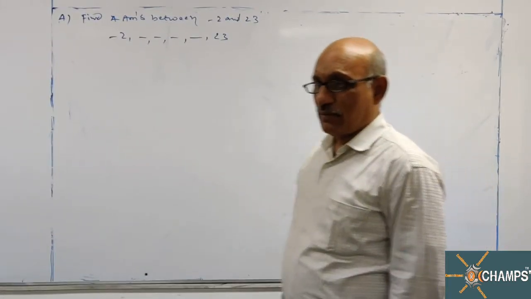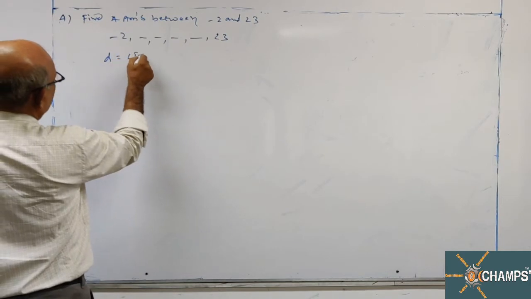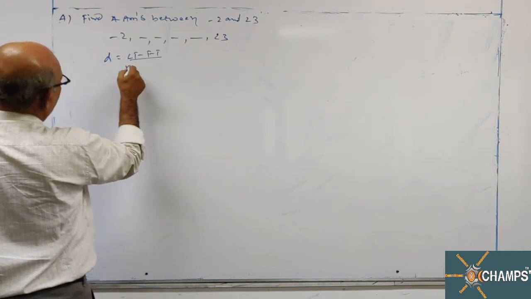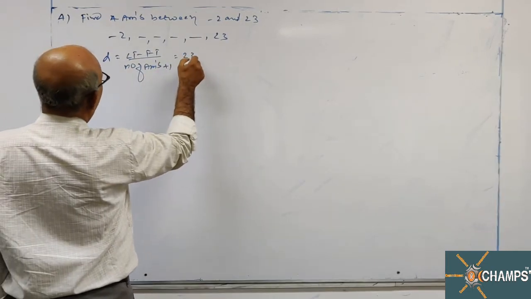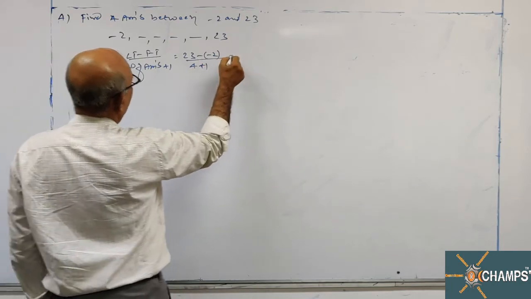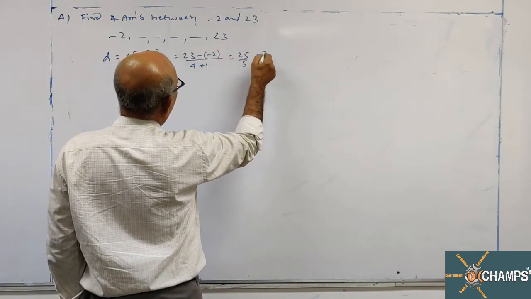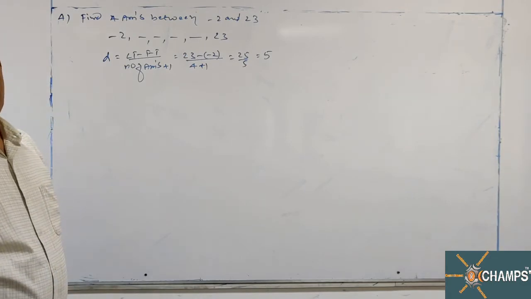Let's use the arithmetic mean concept. Common difference is last term minus first term by number of arithmetic means plus 1. 23 minus of minus 2 by 4 plus 1. 25 by 5, this is equal to 5.